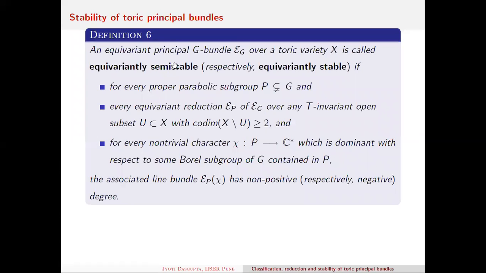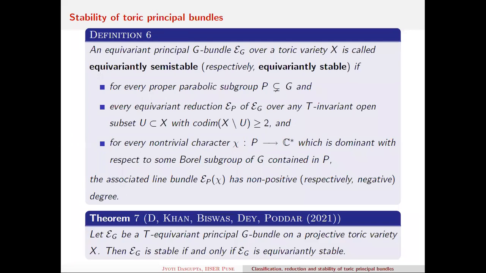So this is the notion of equivariant semi-stability or equivariant stability, but if we remove all the equivariant words from here, we get the notion of stability or semi-stability for principal bundles, which was defined by Ramanathan. And again, here we have that the notion of stability and equivariant stability coincide.